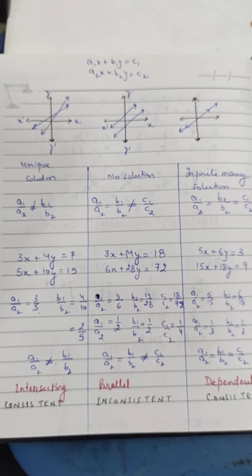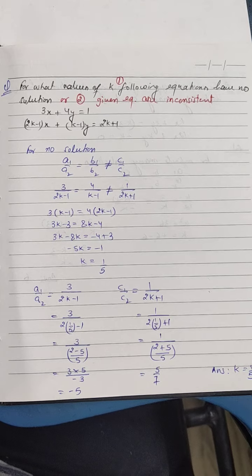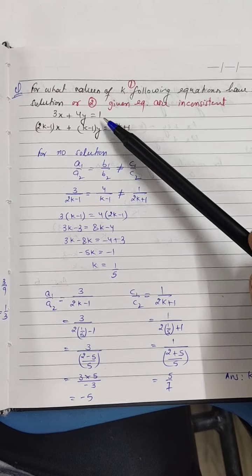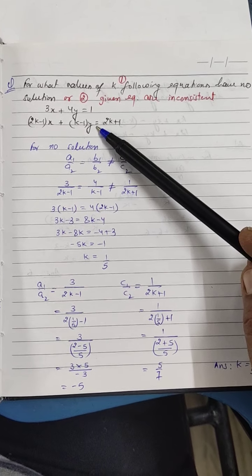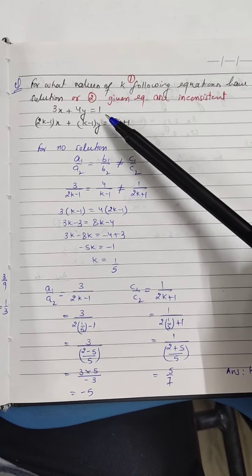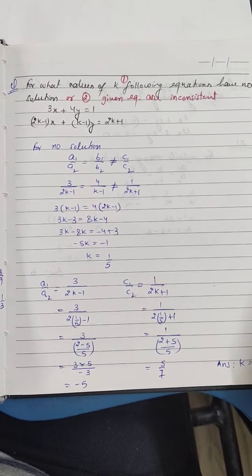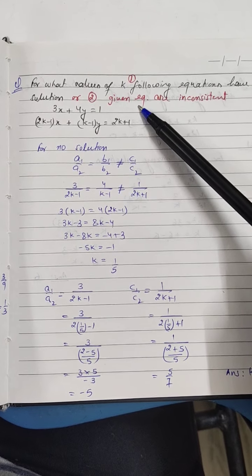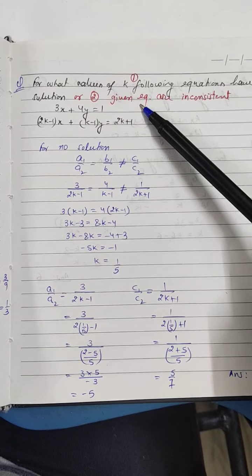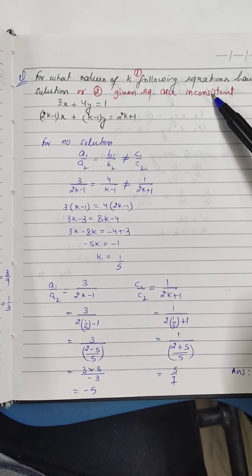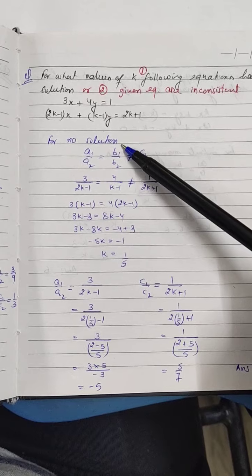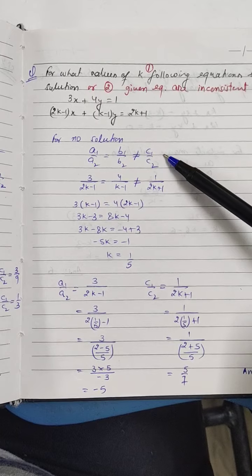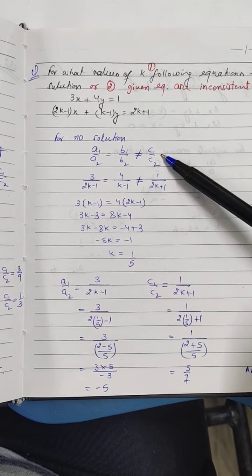Now we move on to the next question. In this question, two equations are provided and we have to find the value of k for which these two equations have no solution. Or it may be asked for what value of k the given equations are inconsistent. We know that for no solution, a1 by a2 should be equal to b1 by b2, but not equal to c1 by c2.